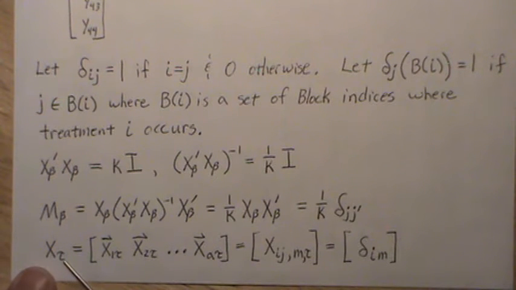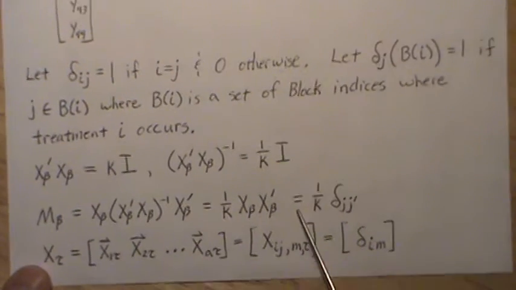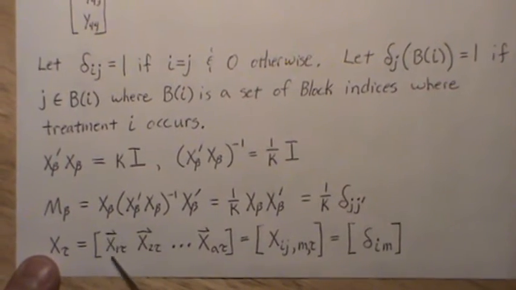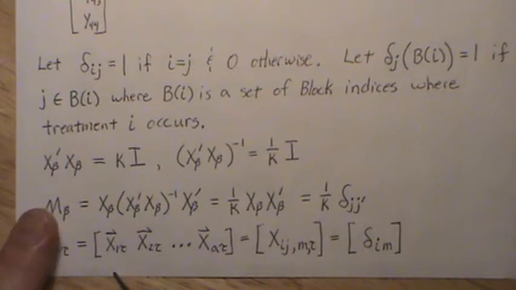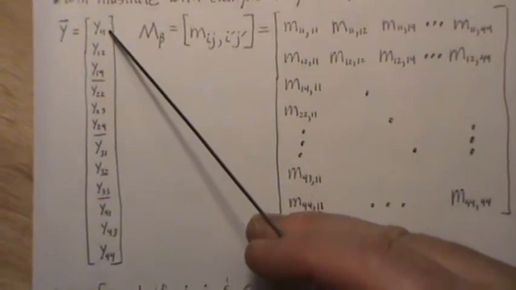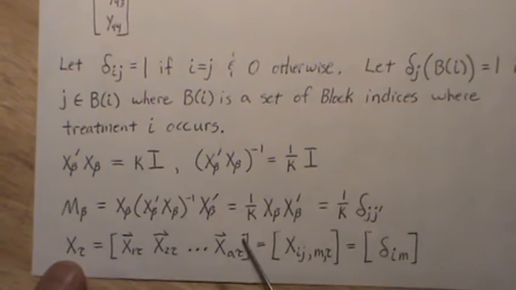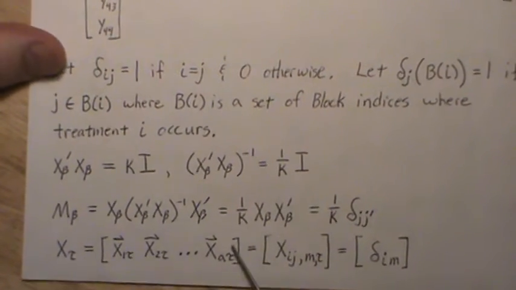Now X tau, the matrix X tau, can be broken into a columns. We call them X1 tau, X2 tau, etc. And so this matrix can be thought of as, now notice that the number of rows is b times k. So we can index it like this, but going across there's only a columns. It's not the same number.